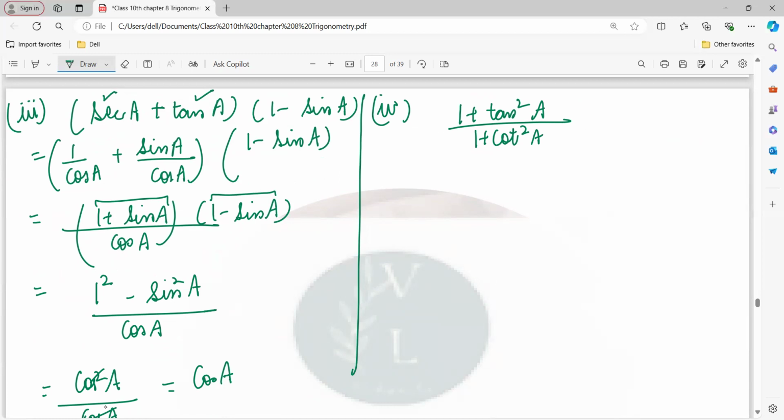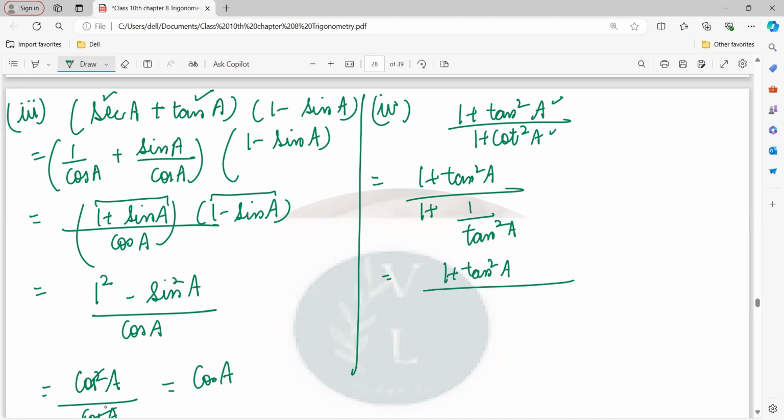So we need to solve this expression now. We will either convert tan in terms of cot or cot in terms of tan. So let's convert cot in terms of tan. We know that cot is equal to 1 upon tan. So we'll write 1 upon tan square A, right? Now, for the denominator, we'll take the LCM. And what we will get? 1 plus tan square A upon, the LCM we get is tan square A.